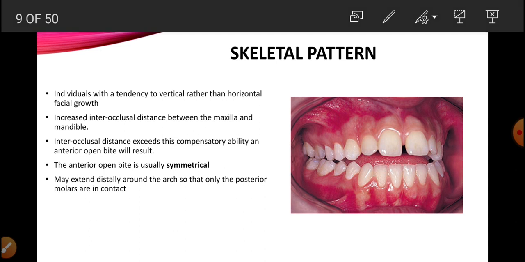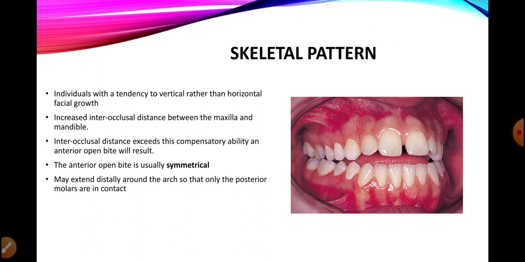So usually the open bite that is seen due to the skeletal pattern, or because of the increase in the interocclusal distance, is a symmetrical open bite, which means that it is the same on both sides. And in the more severe cases, those having a very long face or a very high skeletal pattern, this open bite may extend distally till the molars.